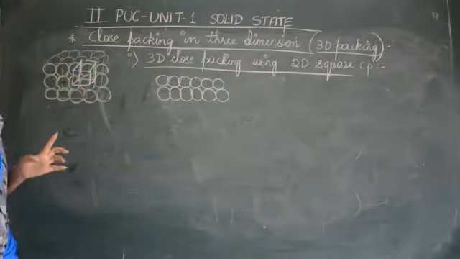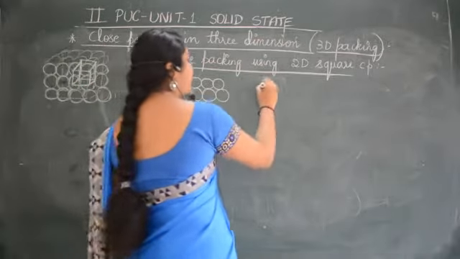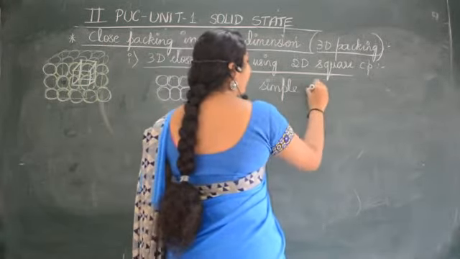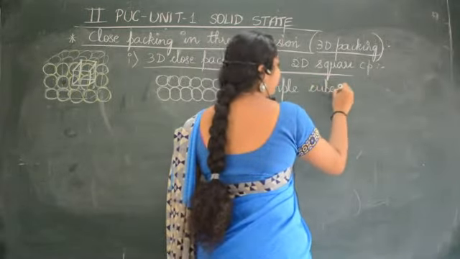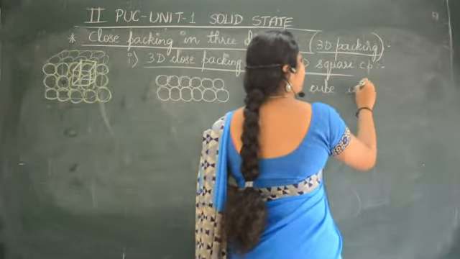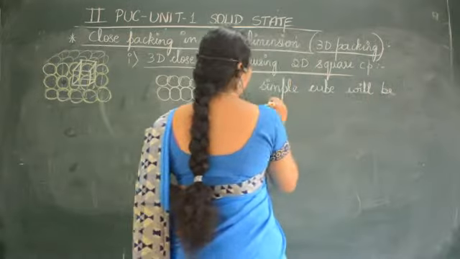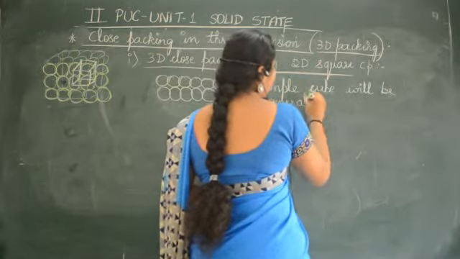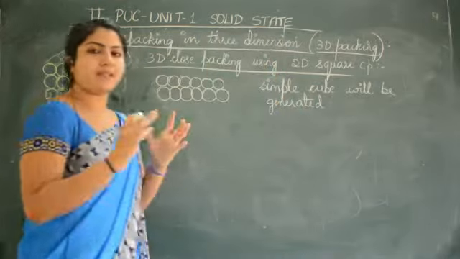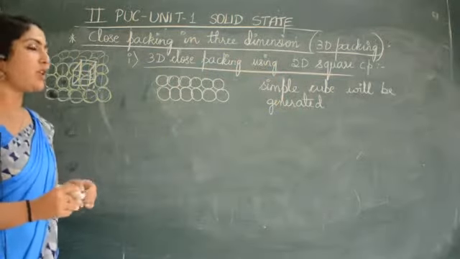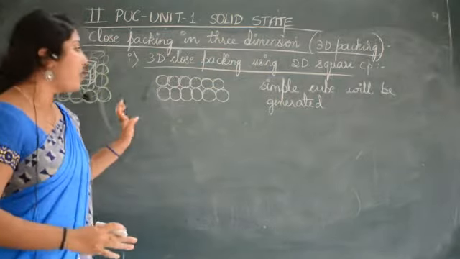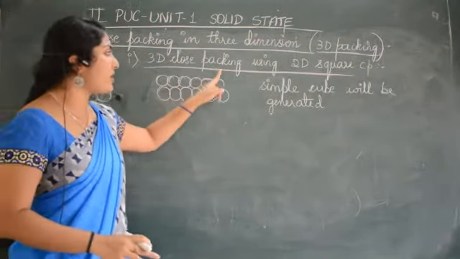What do you get here? A simple cube. The unit cell formed will be a simple cube, or primitive cube. The crystal lattice which we get will be a simple cubic crystal lattice, in 3-dimensional close packing using 2-dimensional square close packing.